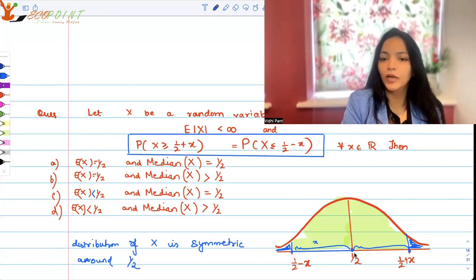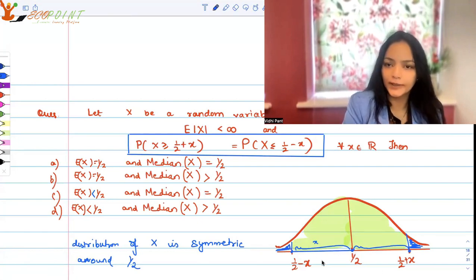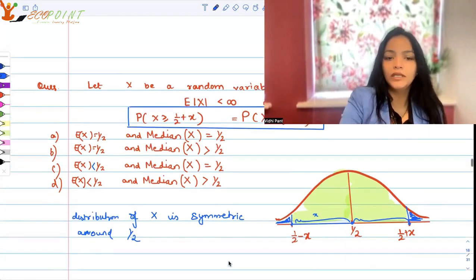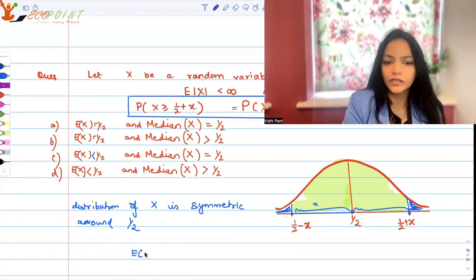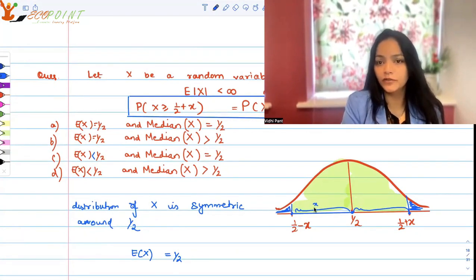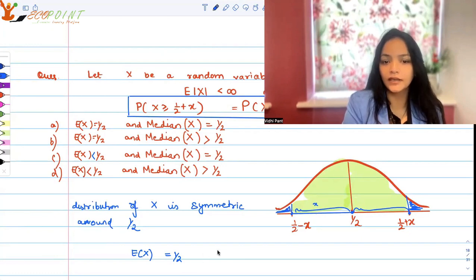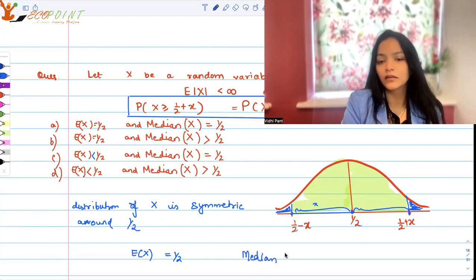Half is that point around which it's symmetric. And therefore, mean for such a distribution will be the center point. And of course, because this is dividing the distribution in 50-50% area, therefore, median of x is also half.